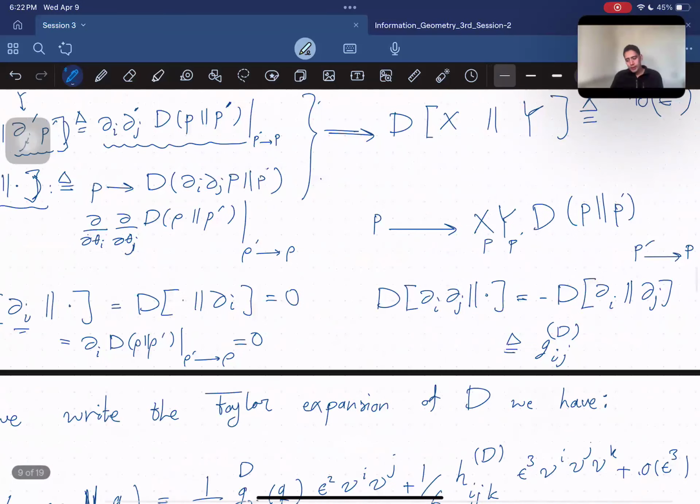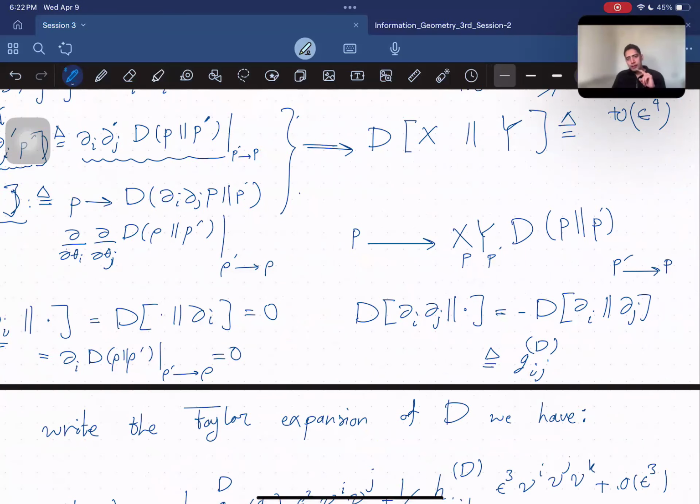Now, if you take a look at the second order Taylor expansion entry, it would be something like this. Now, I define this to be the Riemannian metric.